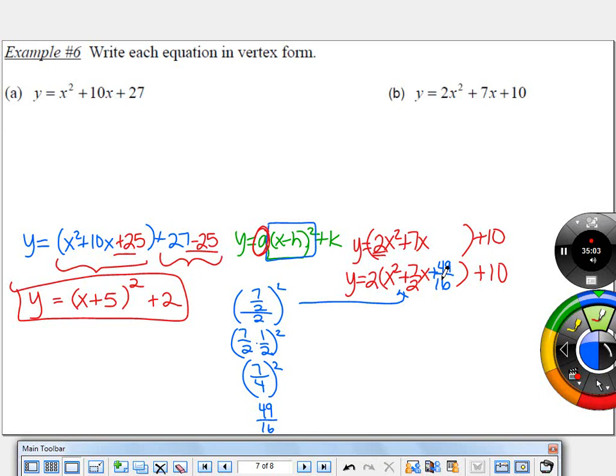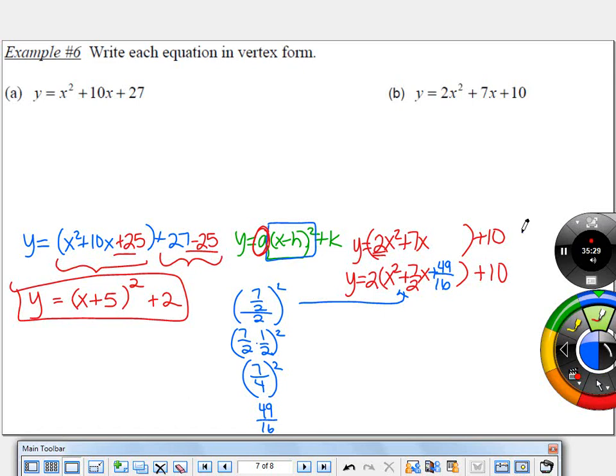All right, I wrote 49 over 16, but I didn't actually add the value of 49 over 16 to the equation. Can anybody tell me how much value I actually added to the equation by writing 49 over 16 in that spot? Jason? Okay, he's saying I actually added 98 over 16.